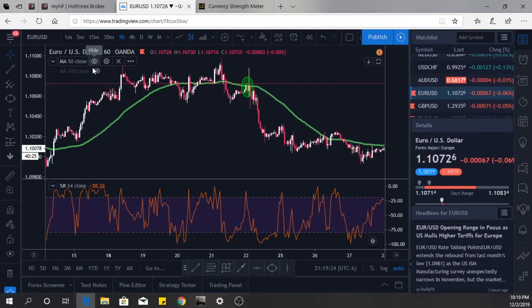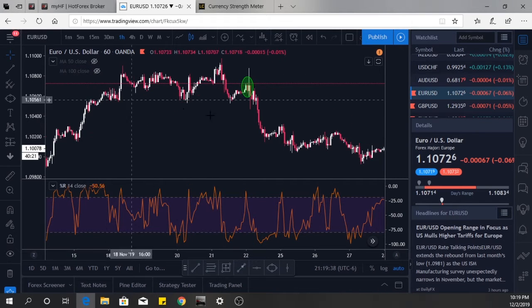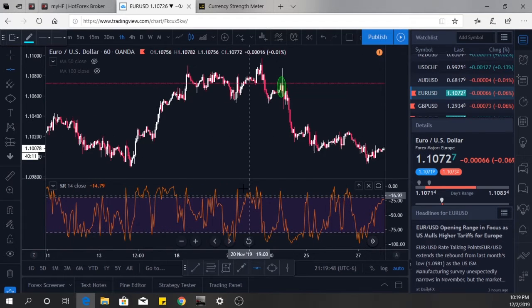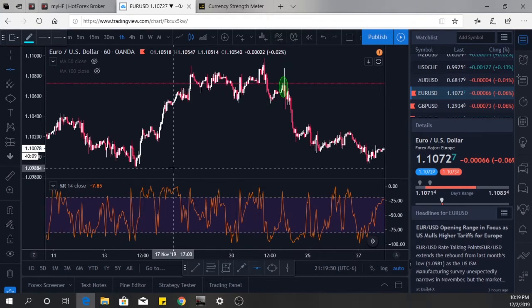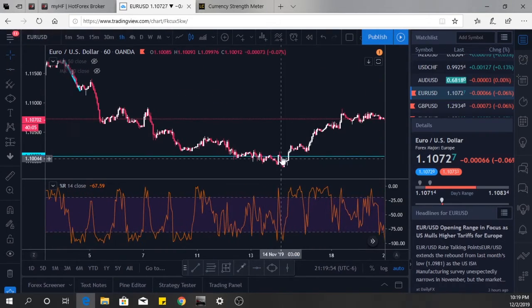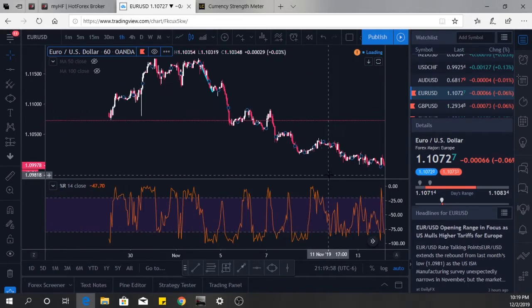Now let me show you something. There's a rule in Forex trading that says every support will become a resistance in the future, and every resistance will become a support in the future as well. So what I'm going to do right here is find some minor and some major support points which will become support and resistance points in the future as well.